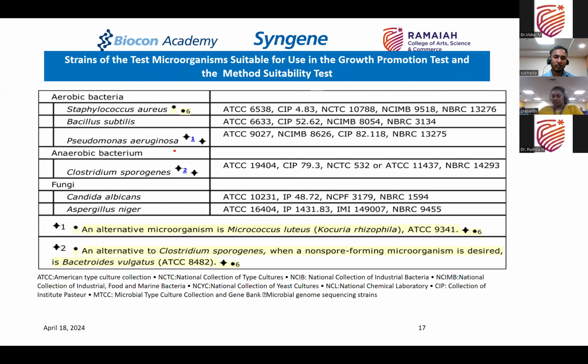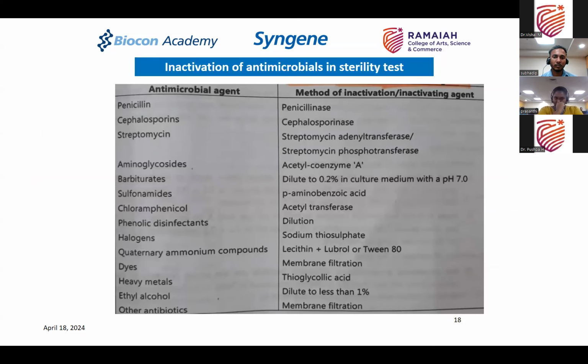To perform this validity test, these are the microorganisms we are going to use, which include aerobic bacteria, anaerobic bacteria, and a few fungi: Candida albicans as the representative of yeast, and Aspergillus niger as the representative of molds. These are the collection centers through which we can procure them. Also, sometimes antibiotics have to be inactivated, and inactivating agents have to be added into the media.